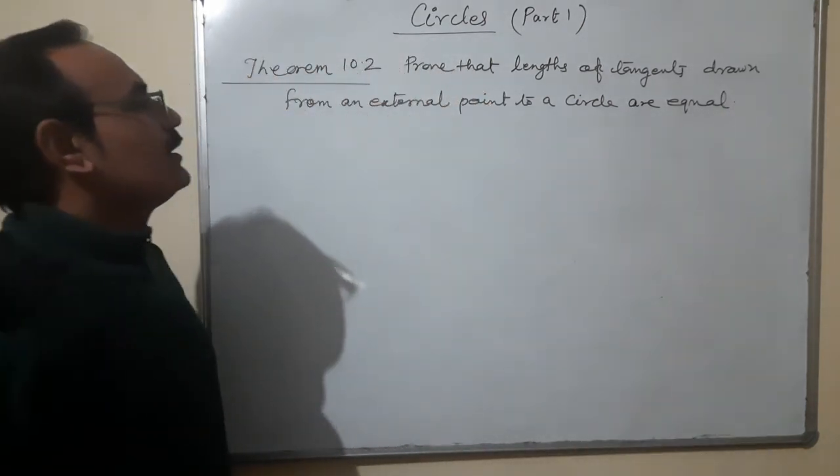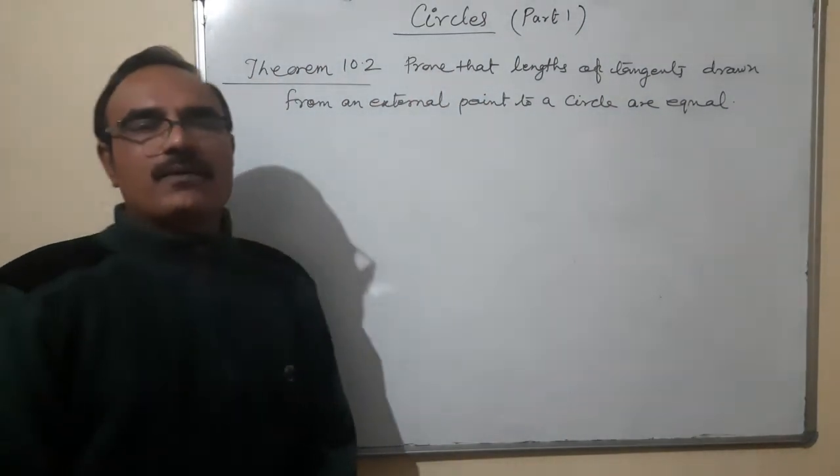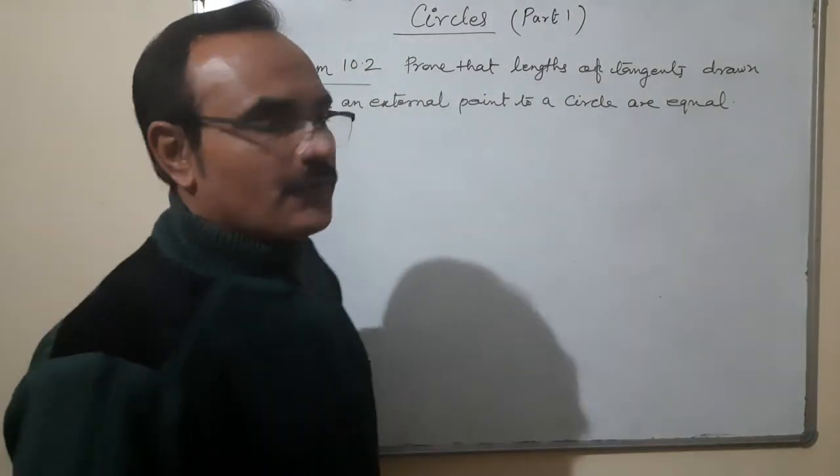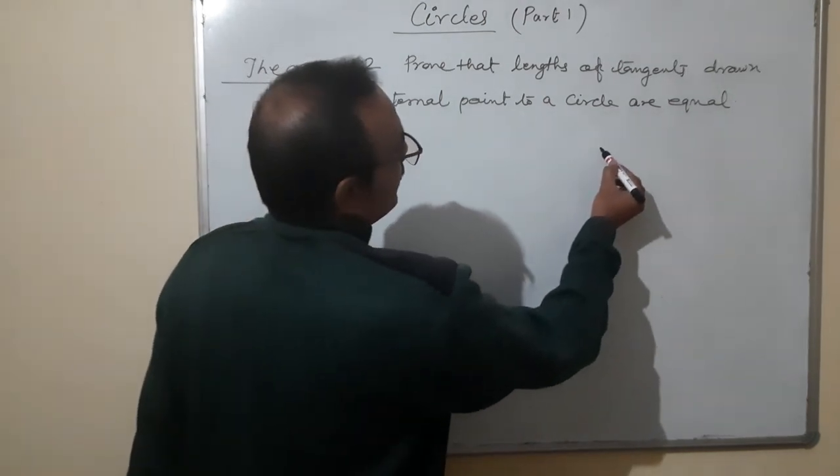Okay. Prove that lengths of tangents drawn from an external point to a circle are equal. This is a very important theorem. Diagram.